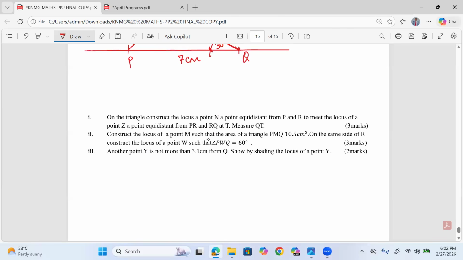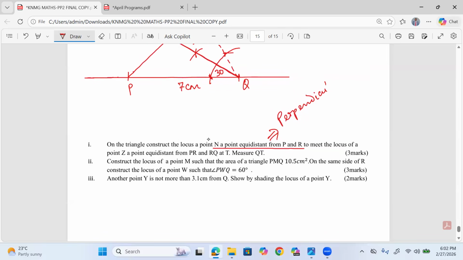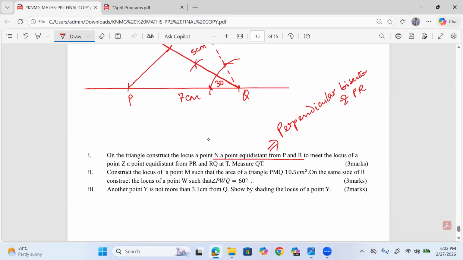A locus of N, these are points that are equidistant from two fixed points. Two fixed points, it means perpendicular bisector of a line. Though I'll be discussing loci later, that is the perpendicular bisector of PR.